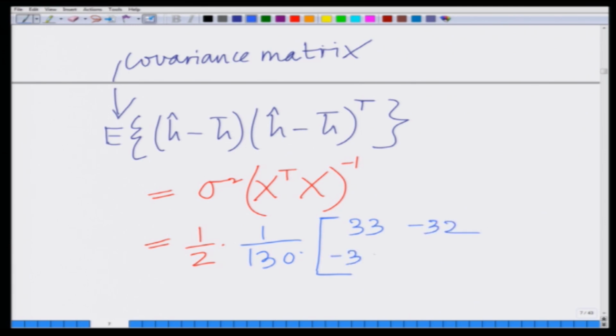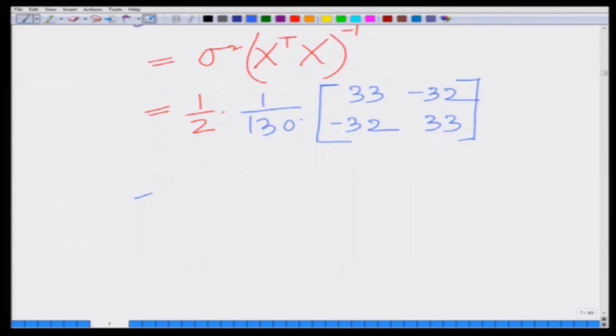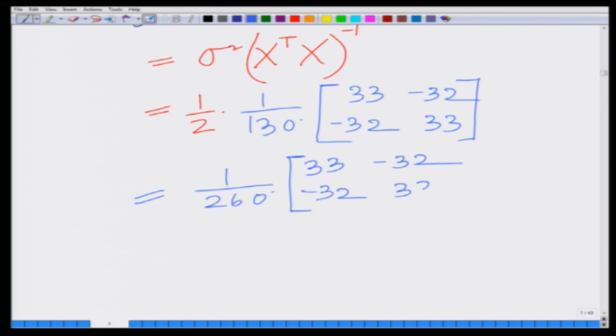[33, -32; -32, 33], and this is equal to 1 over 260 times [33, -32; -32, 33].